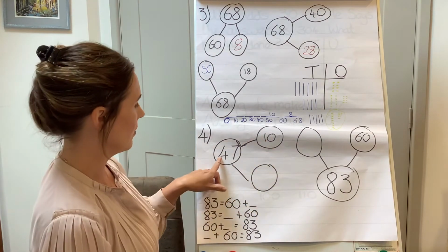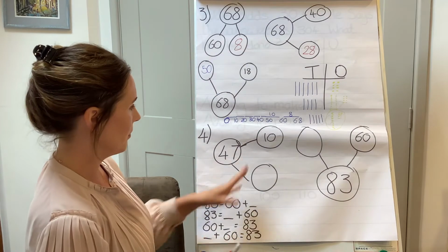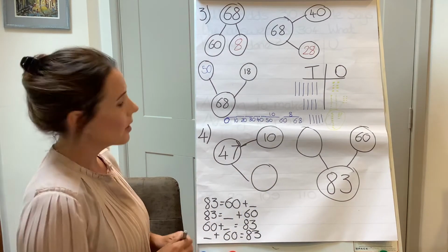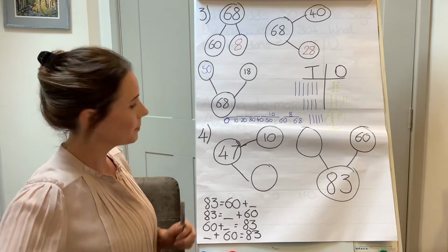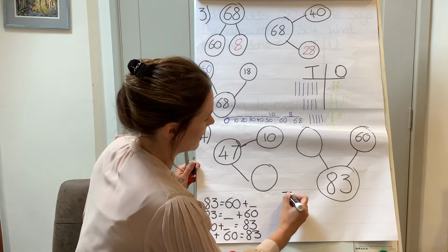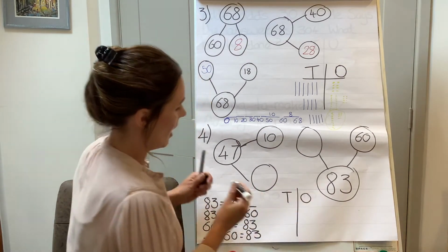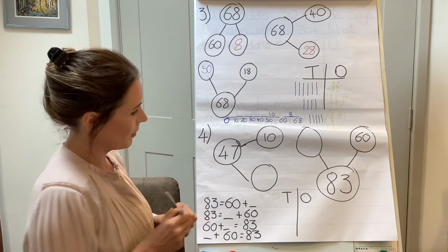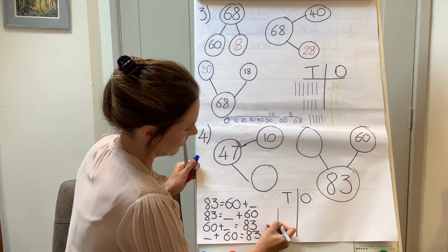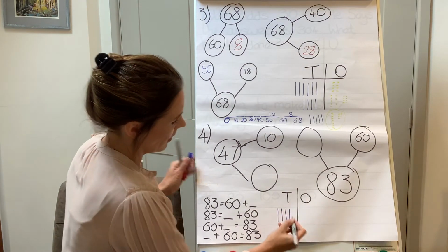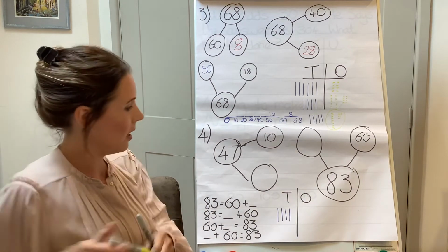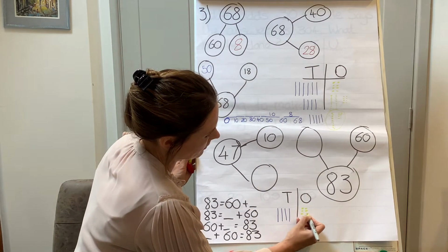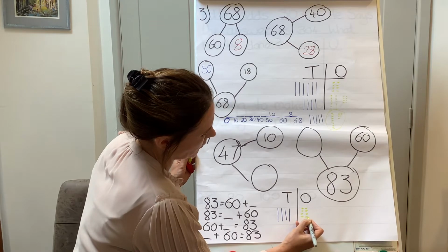On these ones, you've got 47. What goes with 47? How has the number been partitioned? So if we've got our tens and ones, and we had 47, we've got 10 there. This is our 47. Oh, I've drawn an extra one.